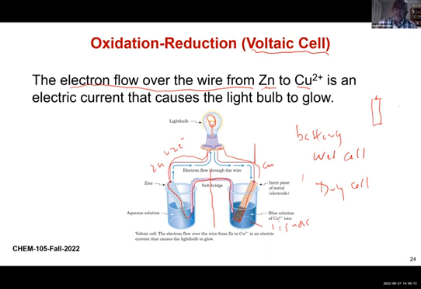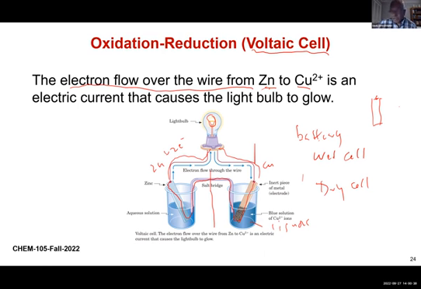We're going to talk about batteries a little later. Now, how many of you understood that a redox reaction could be put into a voltaic type cell, an electrochemical cell, and used as a battery to generate electricity? And this is very useful.